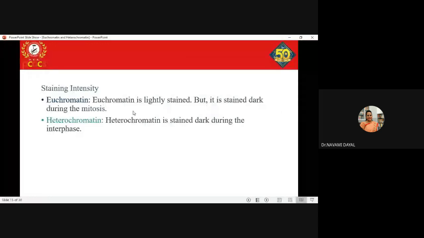Why? Because your metaphasic chromosomes, during cell division in mitosis, the condensation of the chromosomes occurs, and therefore even if it is a euchromatin stage, they get darkly stained. Why? Because in that stage the condensation is the maximum. Because your cell starts dividing, and to facilitate the chromosome distribution in the two cells, your chromosomes get compact. Heterochromatin is stained dark during the interphase.